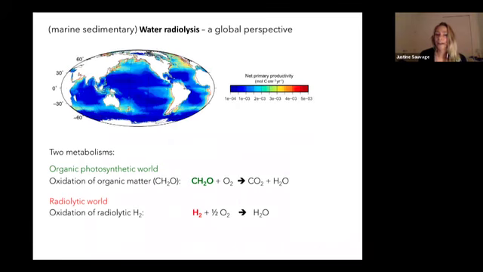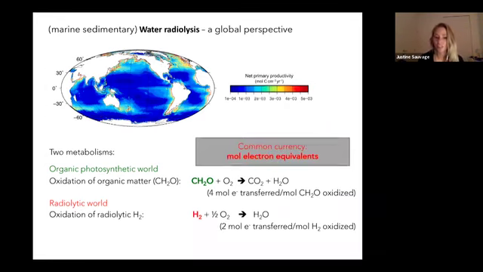Again, we're asking this question from the perspective of microbial metabolism, because organic matter is the paradigm, essential feed for microbial communities, and hydrogen is the one we're investigating the importance of.